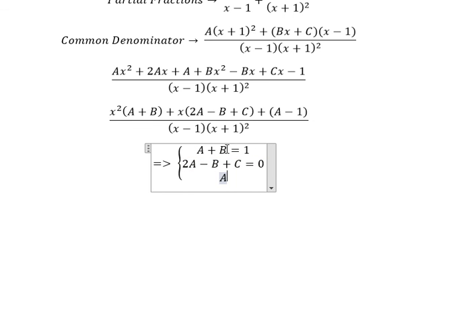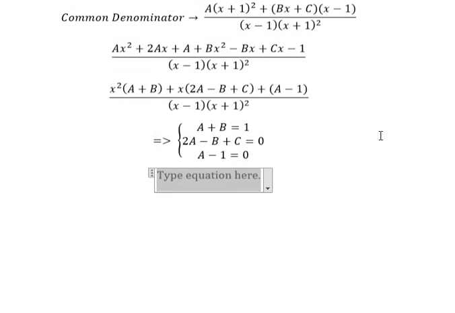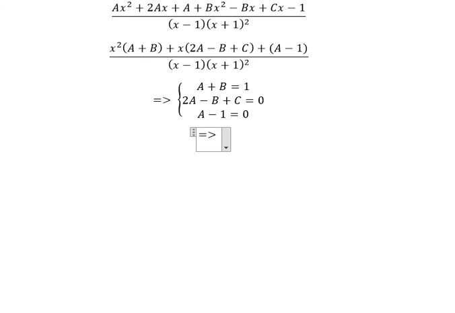And the last one, A minus c should be equal to 0. So we got the answer in here: A equal to number 1, b equals to 0, and c equal to negative number 2.